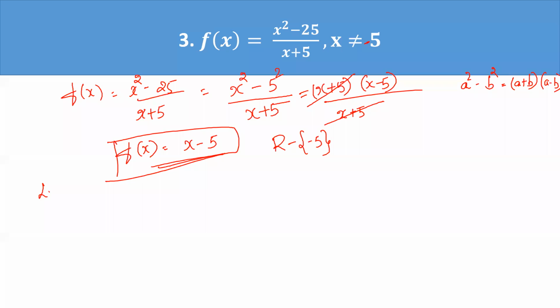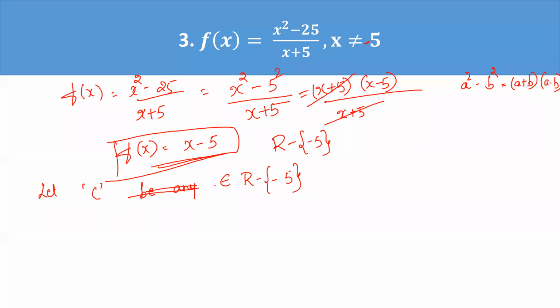So take a random real number. Let C belong to R minus {-5}, which means C can be any real number, but it cannot be equal to -5.